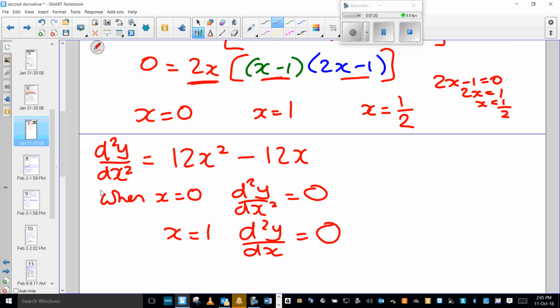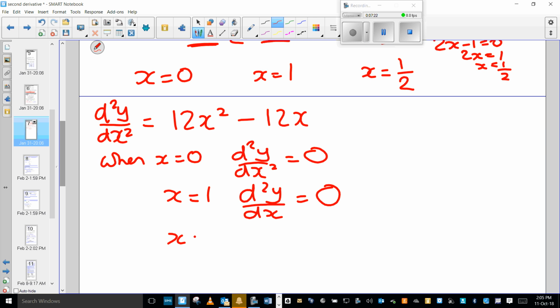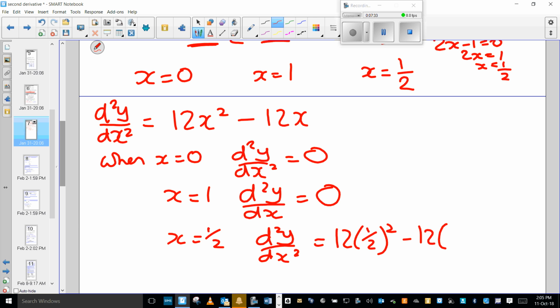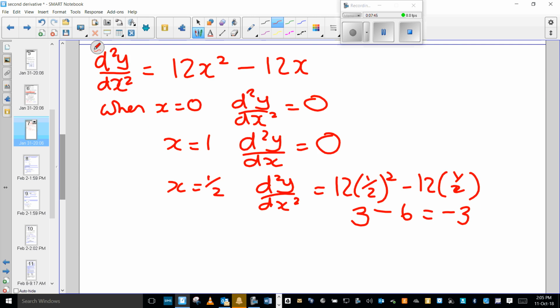And when x is 1/2, it is 12 lots of 1/2 squared minus 12 lots of 1/2. That's a quarter of 12, which is 3, minus 6, which is negative 3. So this one here is a maximum point, and these two we would have to investigate further.